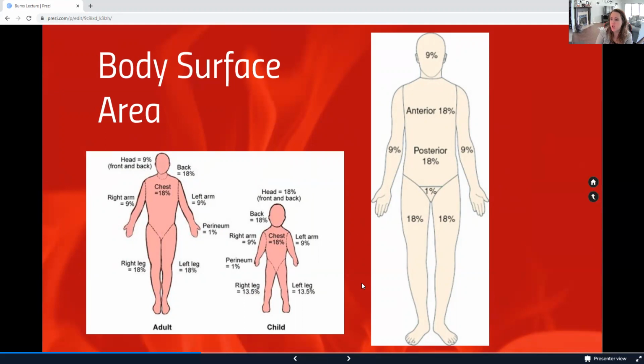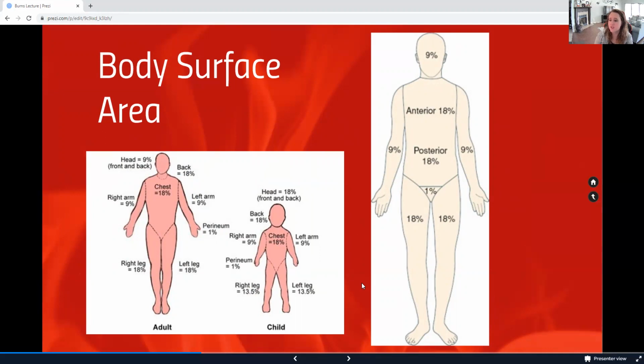So when we're looking at a patient, we would look and see how much surface area total is burned. And typically our patients that are 30% or more of their total body surface area burned, they're in the major burn category. These are the people that are going to need intense intervention and going to be in a burn center.